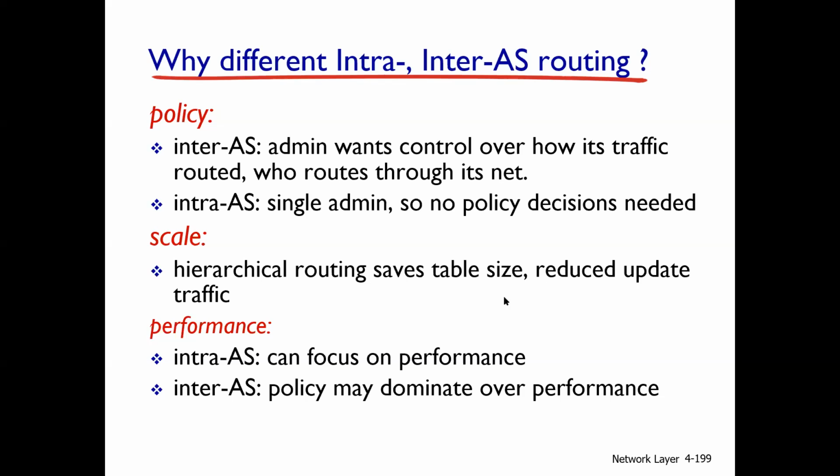But still, typically the BGP routes and so on run into tens of thousands, not only that, typically hundreds of thousands of entries. So when you have these big routers, your typical table sizes are huge. So within an AS, you can focus on performance, and between ASs, it's policy that dominates over performance. That's the key takeaway.